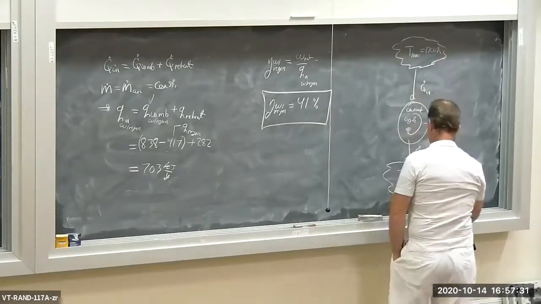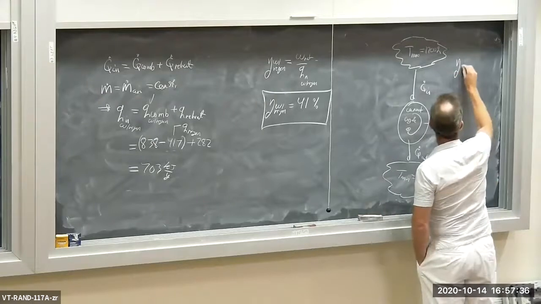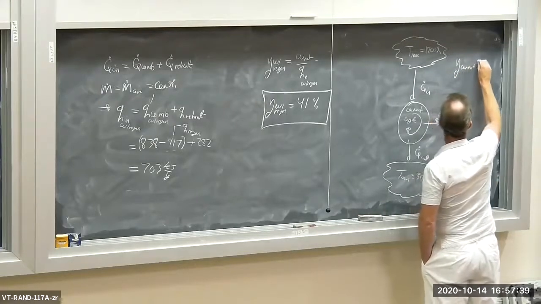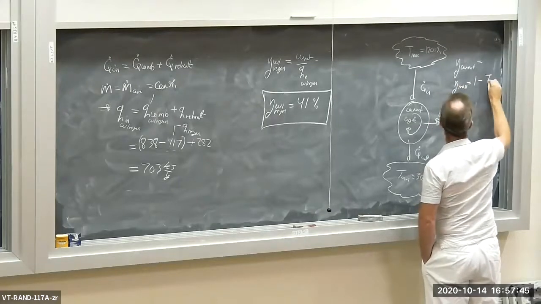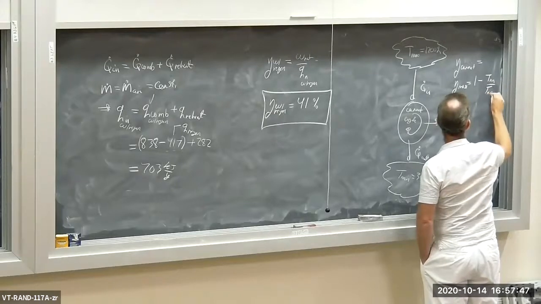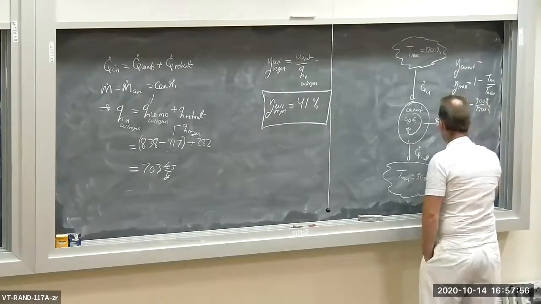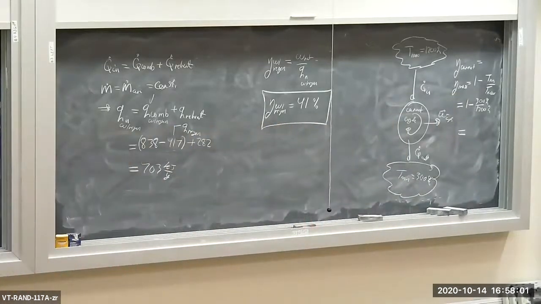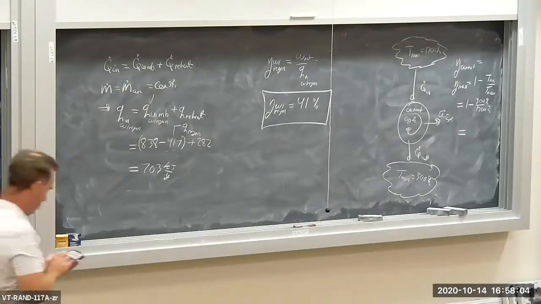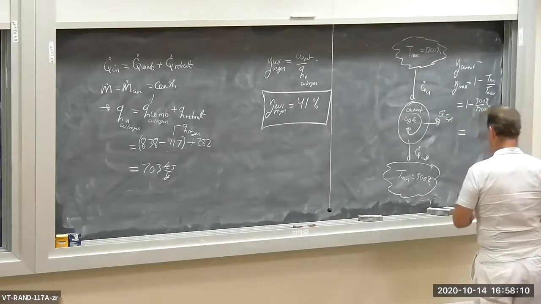So the Carnot efficiency, which is actually my maximum efficiency, is 1 minus T min over T max, or 1 minus 300 over 1200. Well, let's see what that is. 75%.